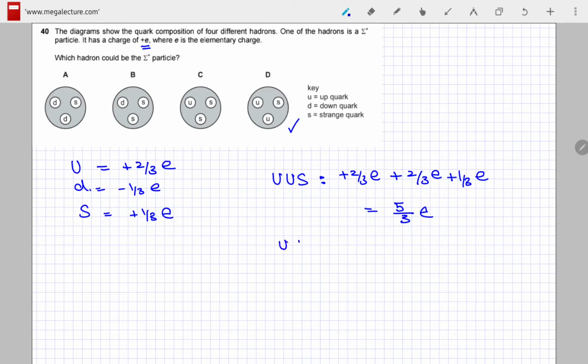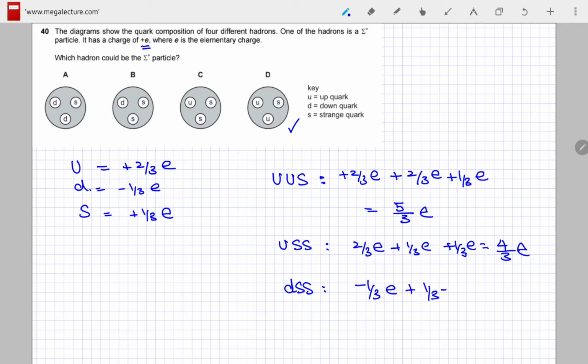What about USS? So that's 2 by 3 e plus, well, S is 1 by 3, so plus 1 by 3 e plus 1 by 3 e. So this gives me 4 by 3 e, right? So this cannot also be the answer. Then you have DSS, which is down quark minus 1 by 3 e, and S quarks plus 1 by 3 e plus 1 by 3 e.